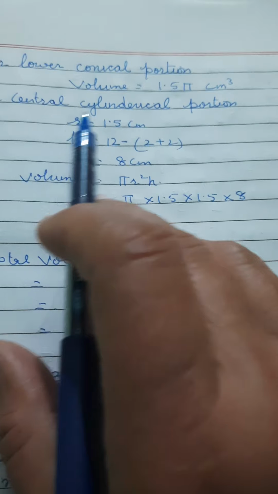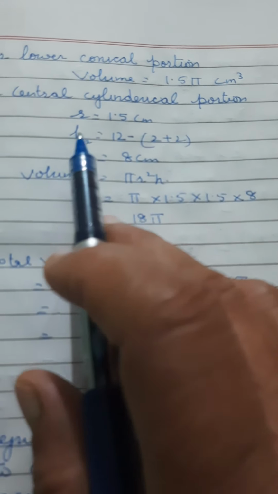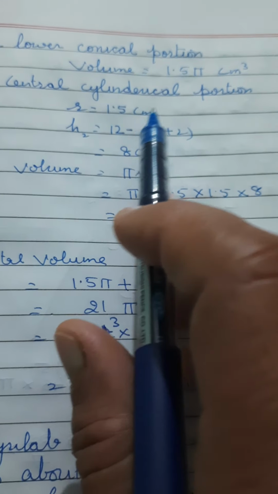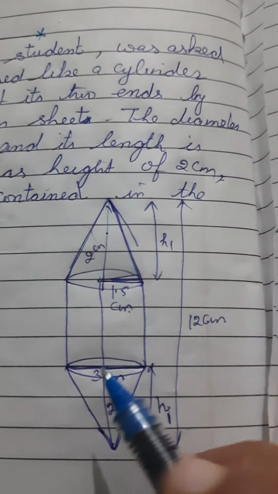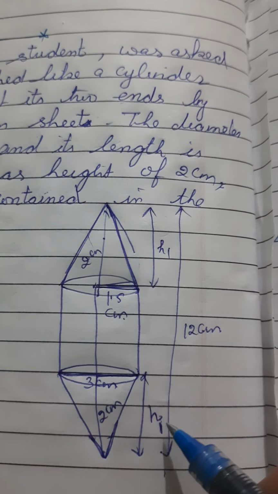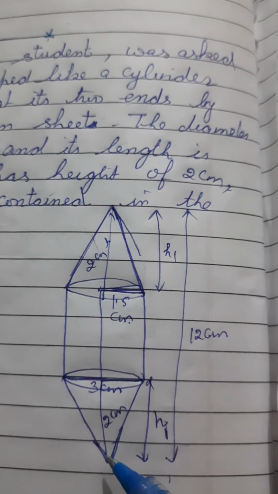Now for the central cylinder, because in the center there is a cylinder, for the central cylindrical portion, radius is 1.5 centimeter, and the height will be equal to, see here, the whole height is 12, so 12 minus 2 minus 2.